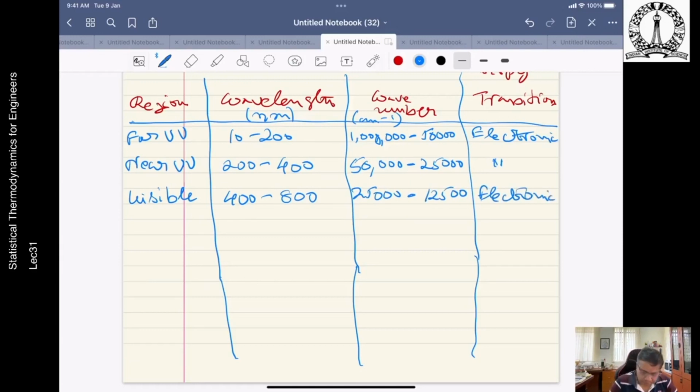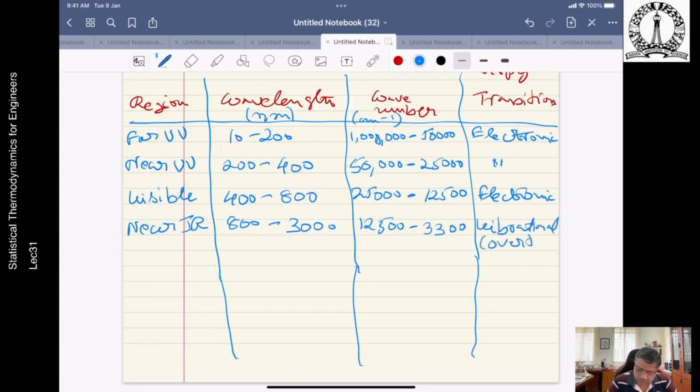Then of course there is near IR or infrared, which is between 800 to 3,000. This once again in nanometer. This is vibrational, but it is overtones. We'll come to that. What is overtones? Then of course there is the mid IR, which is 3,000 to 30,000.